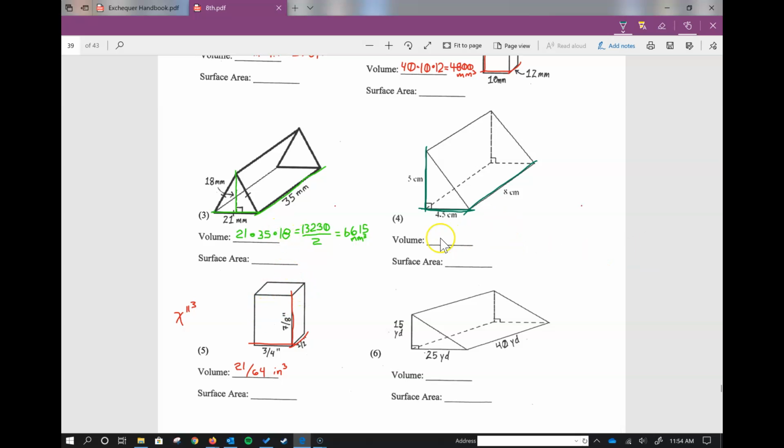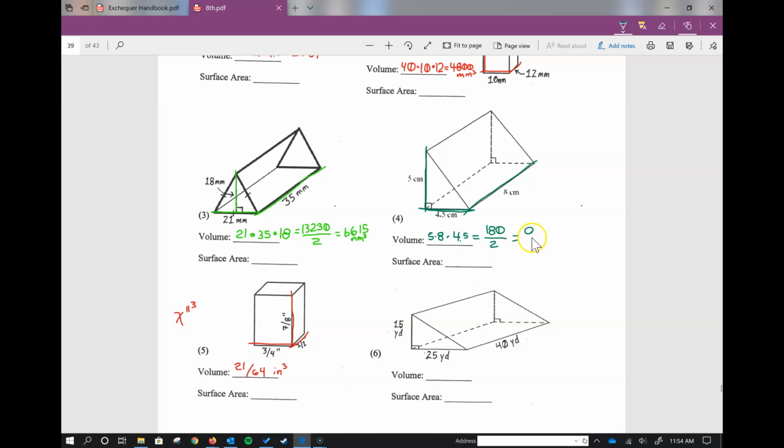Then all we got to do is multiply them together. 5 times 8 is going to give us 40. Multiply that by 4.5, and you're going to get 180. But wait, this is a triangular prism, so we have to divide that by 2.